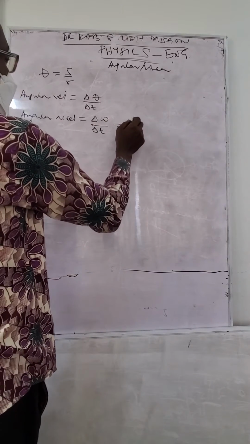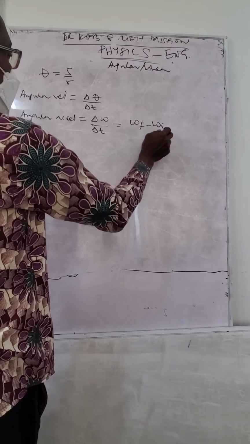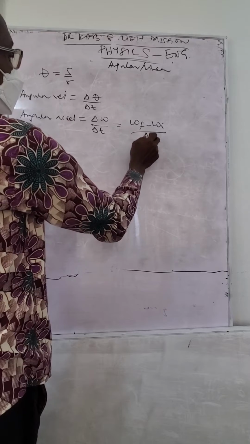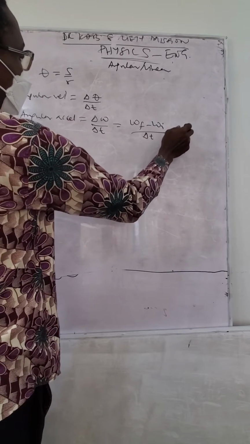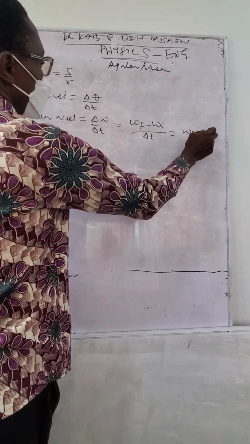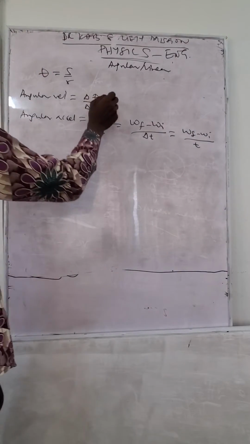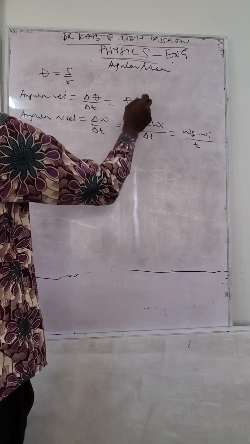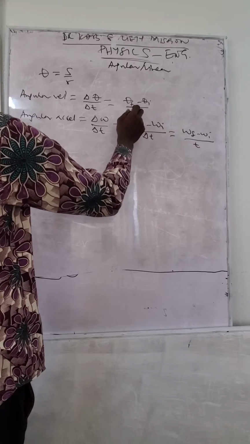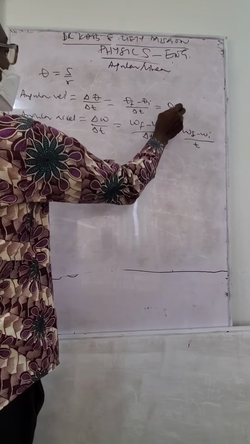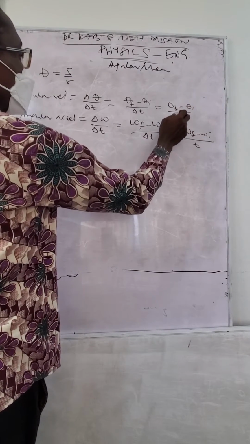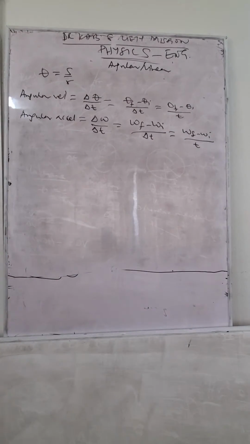This is the same as final minus initial over change in time. If the time started from 0, then it becomes this over t. So these are the expressions. Now let's see if we can connect the angular measurements and the linear measurements.